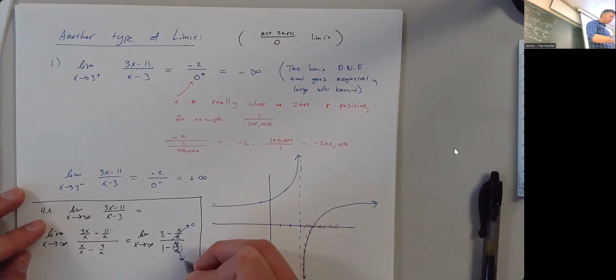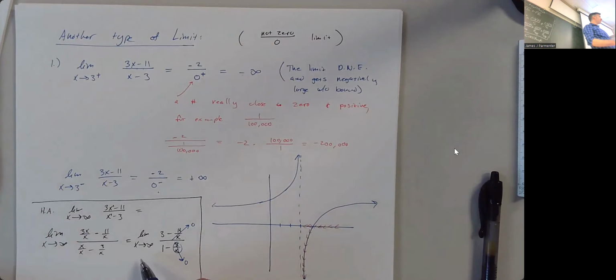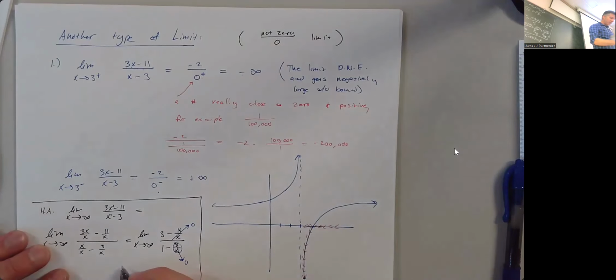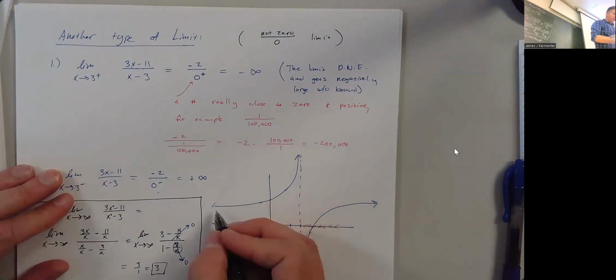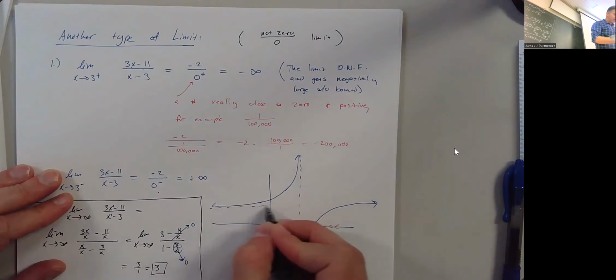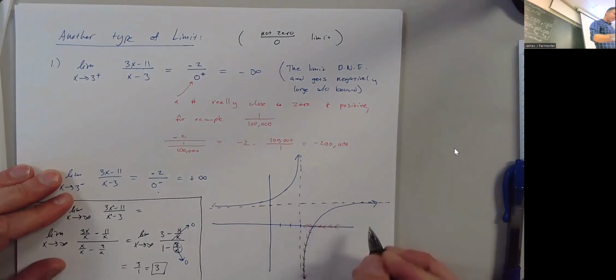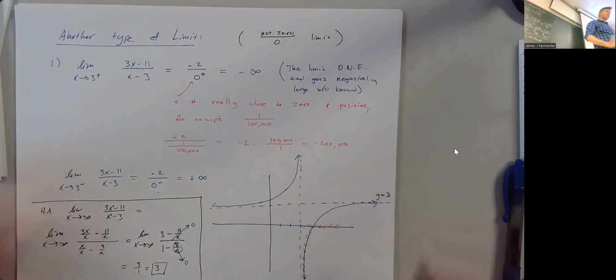Also small. So whenever you do this, if x is going to infinity, any constant divided by x or x squared or x to a higher power is going to get smaller and smaller. So what we're left with here is 3 divided by 1, which is 3. So there would have been a horizontal asymptote here, which I tried to draw, but didn't do a great job of. We'd have a horizontal asymptote at y equals 3.